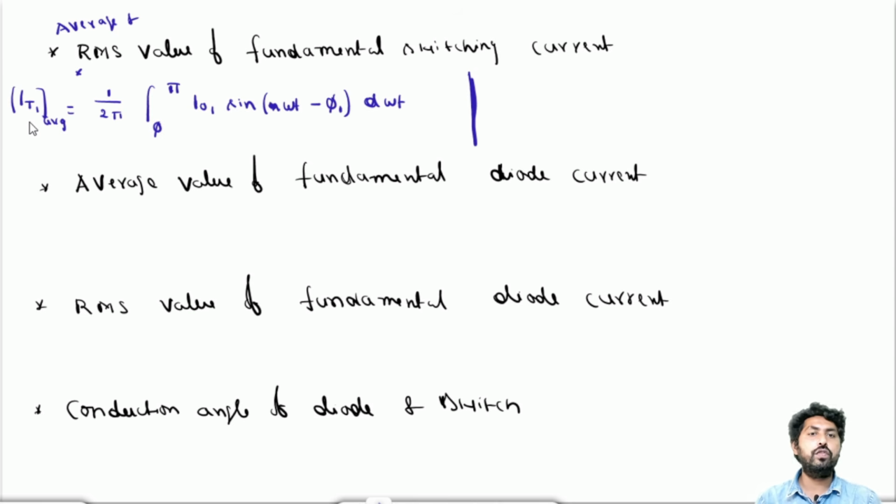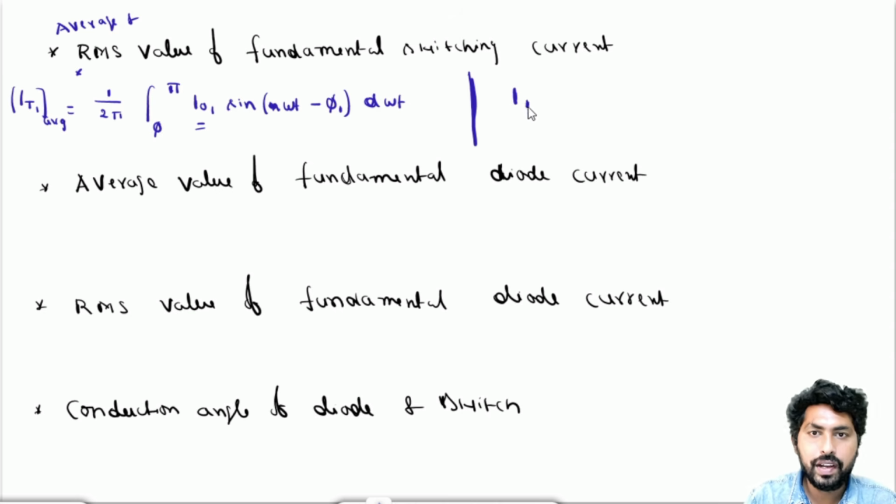So from this expression we can find, for example, if it is a resistive load, phi 1 equals 0, and I naught 1 we can find by substituting n equal to 1 in I naught n.